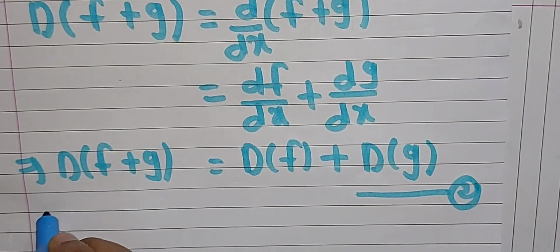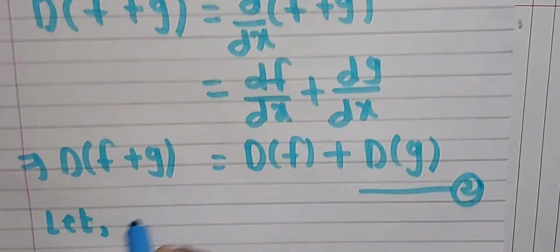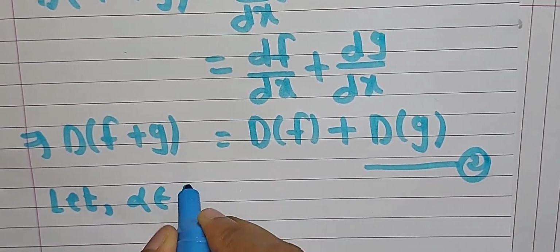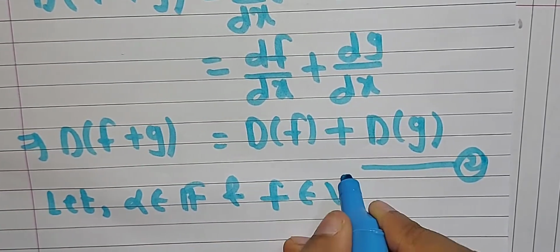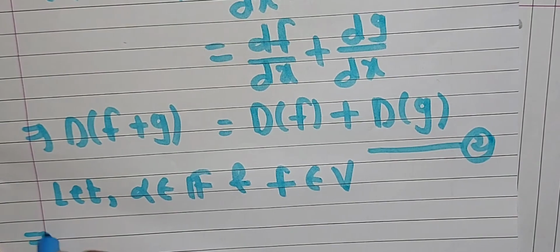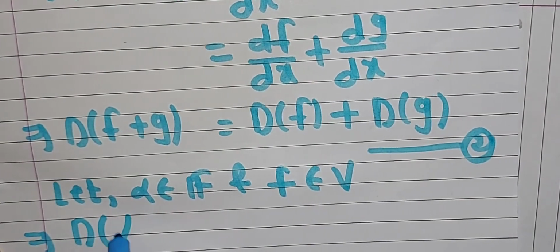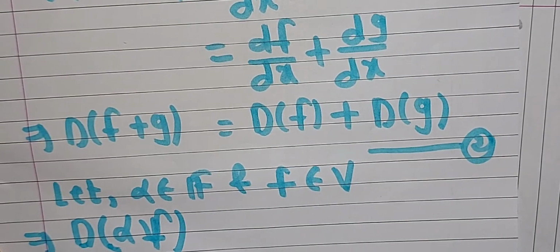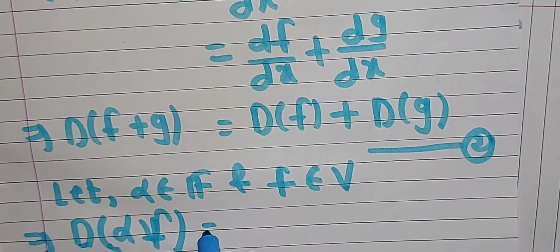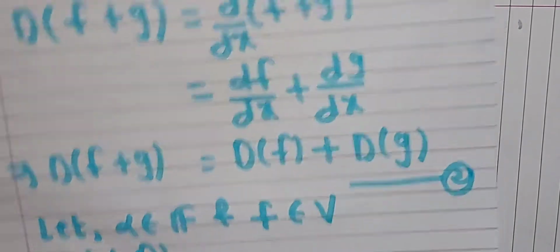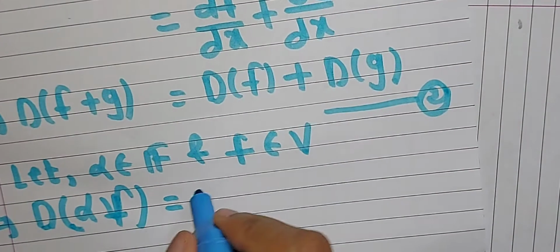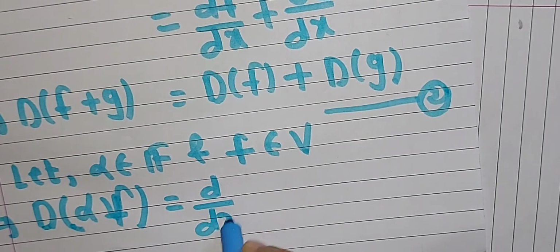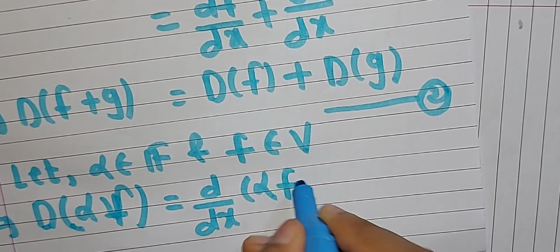Now to prove the second property, consider one element from the field, let alpha belong to the field, and one element from our domain, let f belong to V, and consider D of alpha f, that is our scalar multiplication, and we apply D on it. Then with the help of equation number 1, this can be written as d by dx of alpha times function f.